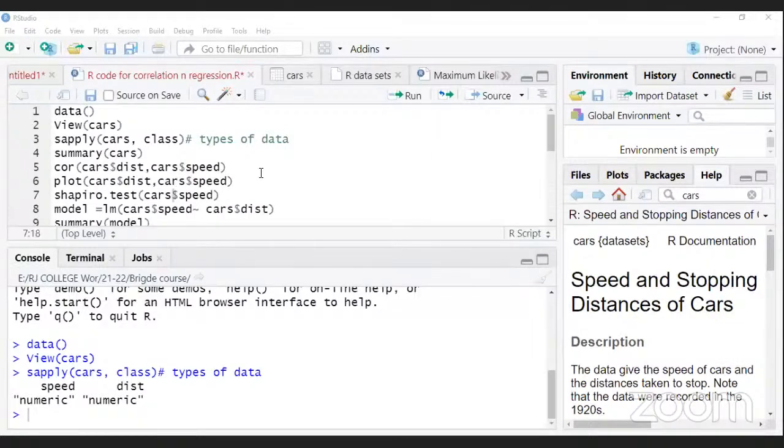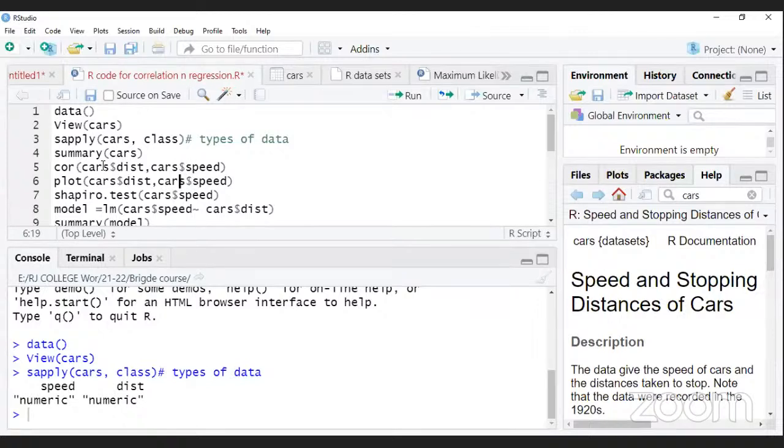Okay. So I'm talking about my data set which exists in R. I'm not taking any data from outside.